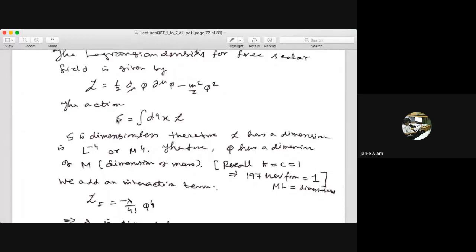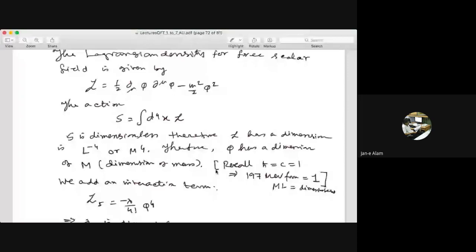If I take h bar equal to 1, that means S doesn't have any dimension. And then we will measure velocity in the unit of the velocity of light in vacuum, c equal to 1. So our velocity will not have any dimension. If I say velocity is 1, that means it is moving with the velocity of light in vacuum. If I say velocity is 0.5, it is moving at half the velocity of light.